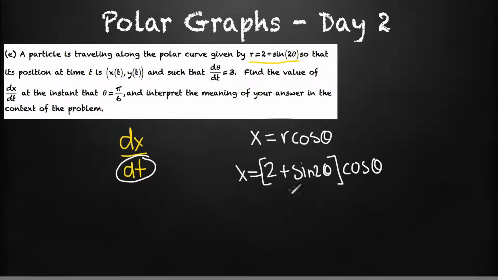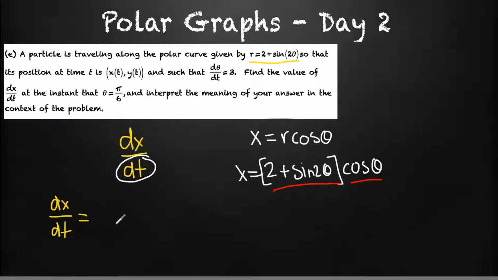So we're going to have to take the derivative of this, and we are going to have to use the product rule because we have a function times another function. And we're also going to have to take the derivative with respect to t, because it's a related rate problem. So we are going to take the derivative of the left side, which gives us dx dt.